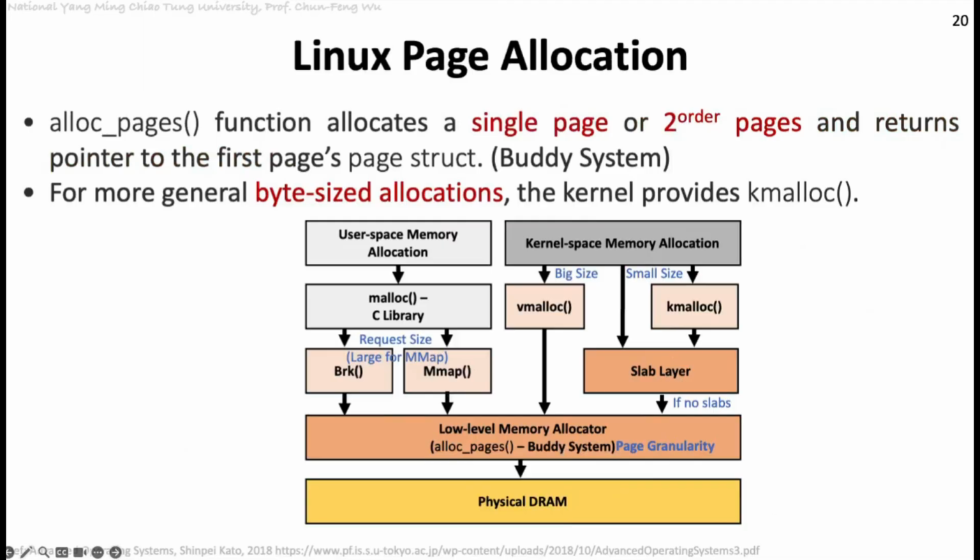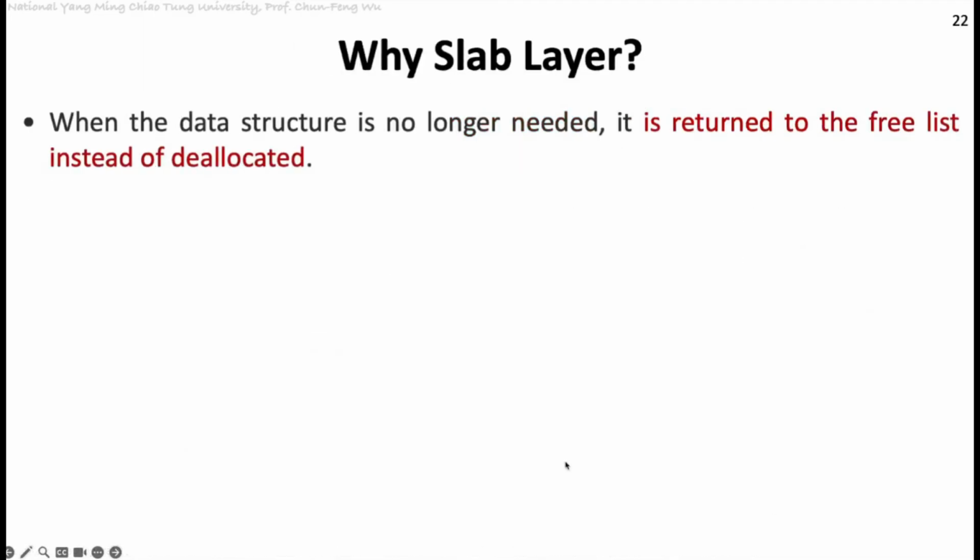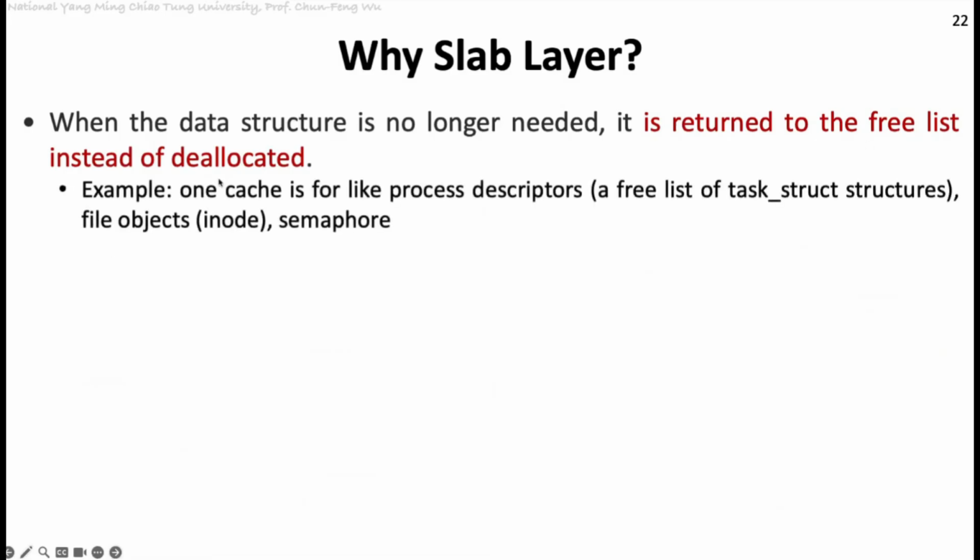So what is the slab layer for? The slab layer is for storing data structures that are no longer needed, which are returned to the free list instead of being deallocated. Let me give you an example.